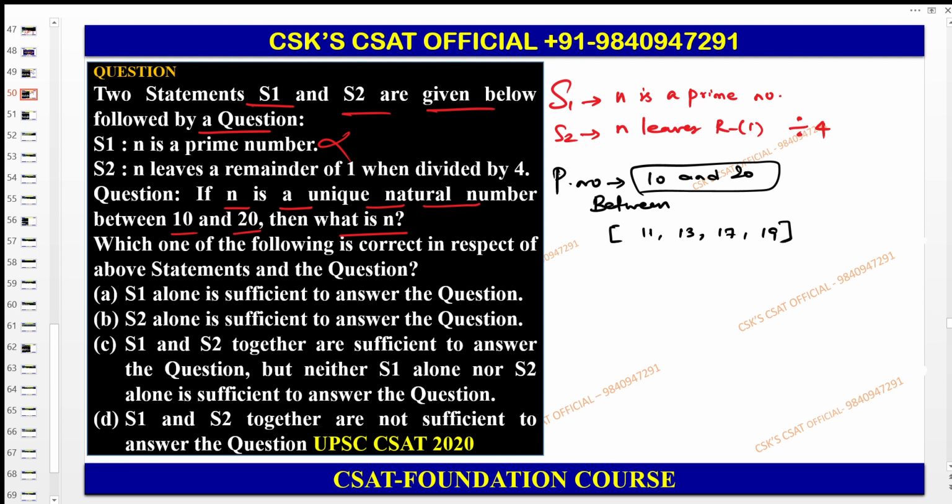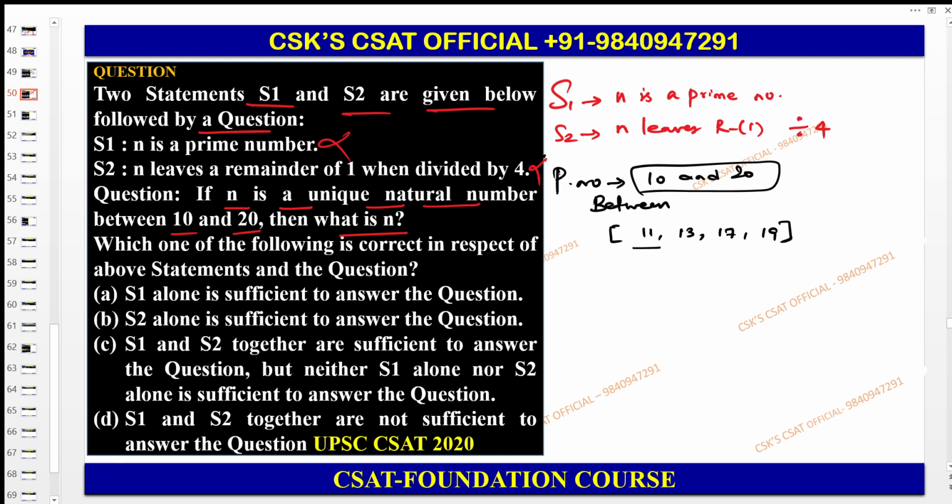Now let us take statement number 2: n leaves a remainder of 1 when divided by 4. Here there is no information regarding n itself. S1 says it's a prime number, S2 says nothing with respect to n. So this also is wrong.